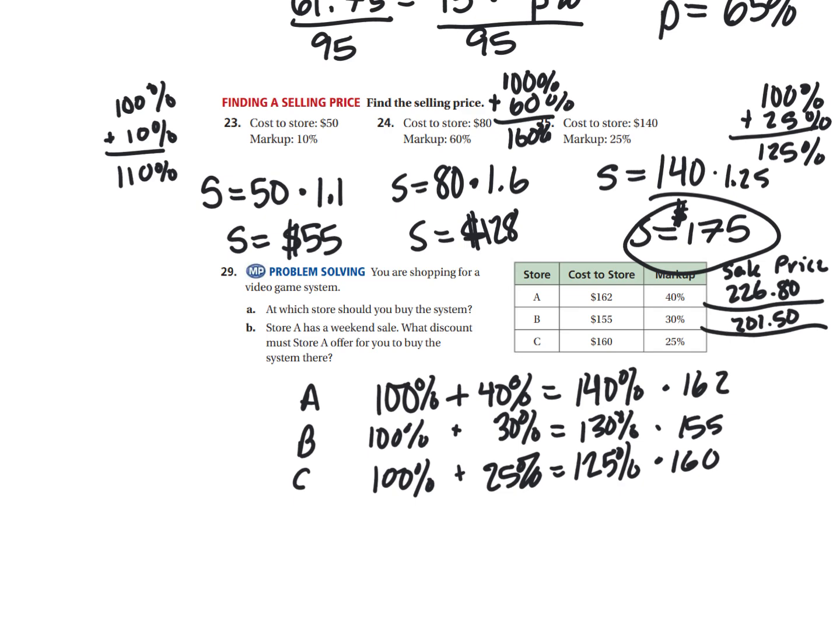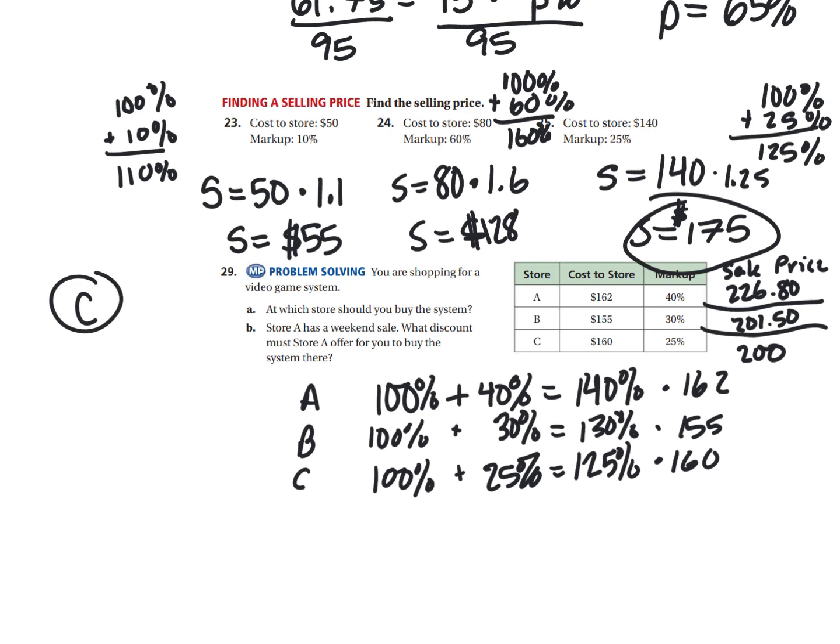And then finally, we're going to do 160 times 1.25 to get $200. Okay, so looking at all of those, right, it's going to tell us that probably we should go to store C if we want to pay the least for it. So the answer to question A would be store C.